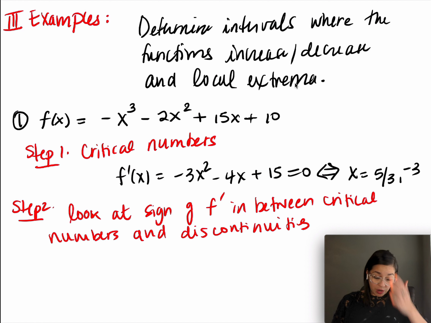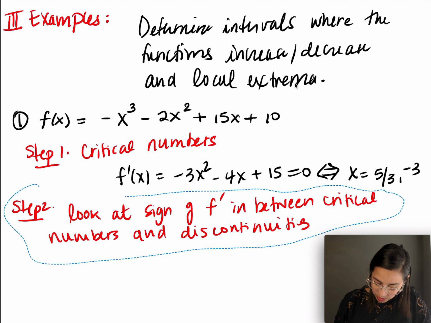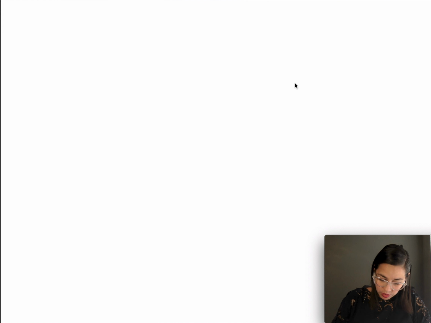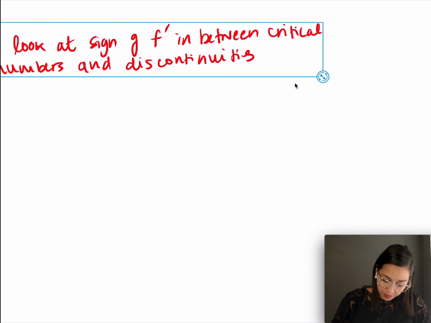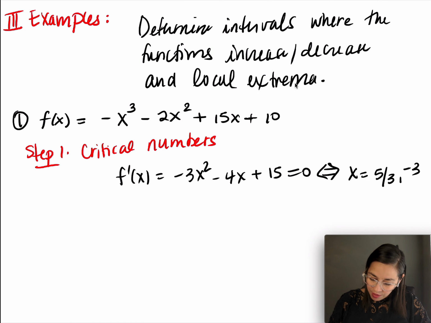I'm going to take this with me so I have more room. So what do I mean by that? I know that my critical numbers are 5/3 and negative 3.